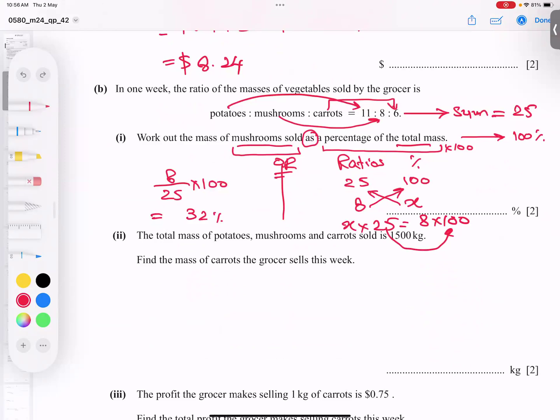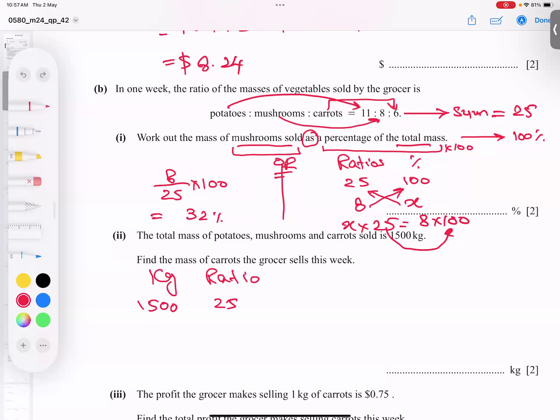The total mass of the potatoes, mushrooms, and carrots is now given in kilograms as 1500, and the mass of carrots is to be found. Again, I will use the same method, but this time I write the titles kilograms and ratios. The total kilograms means I take the total ratio, which is 25. So 25 ratio and total mass 1500. What I'm looking for, students, is carrots, and for carrots we have a ratio of 6.